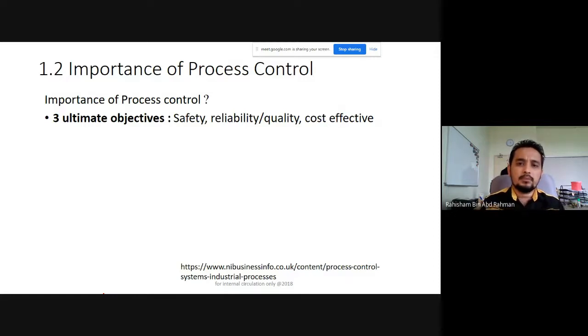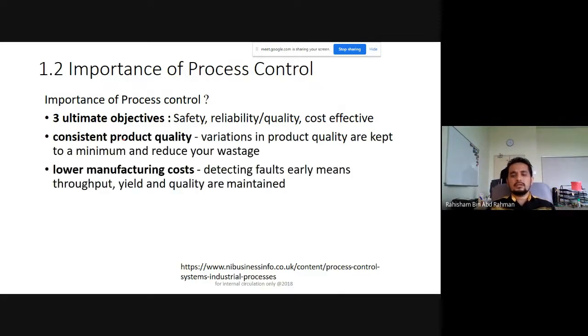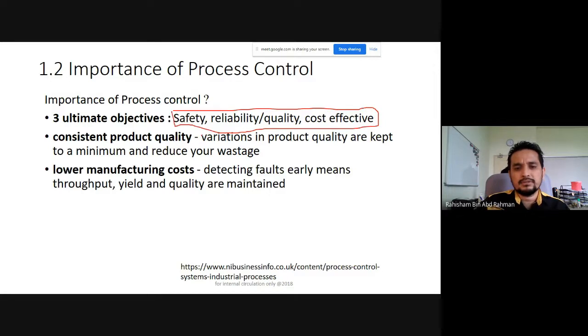So the importance of process control: there are three ultimate objectives of process control. These are the keywords. We want to go for safety. If you recall what your friend just mentioned before, we don't want to work 24/7. It's just a waste of energy. If anything happens to the machine, the human is the first to explode.